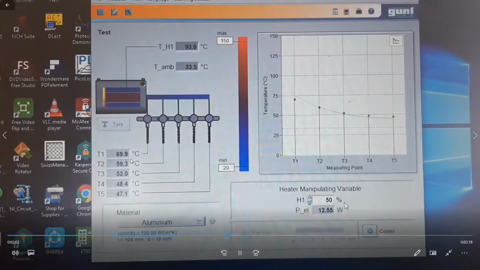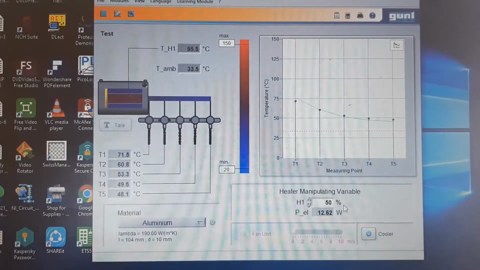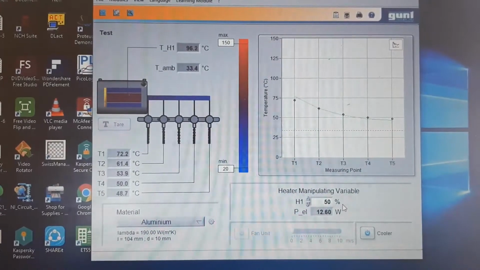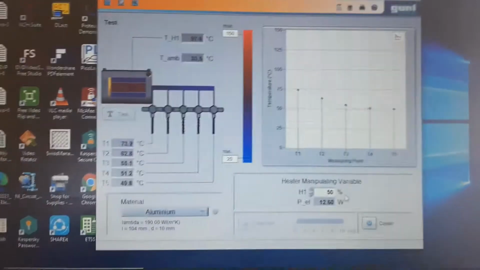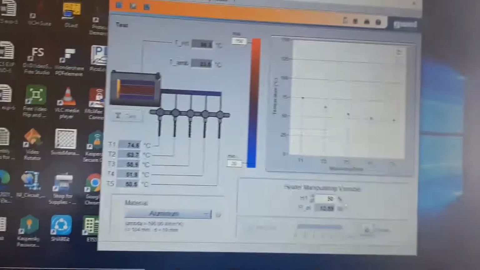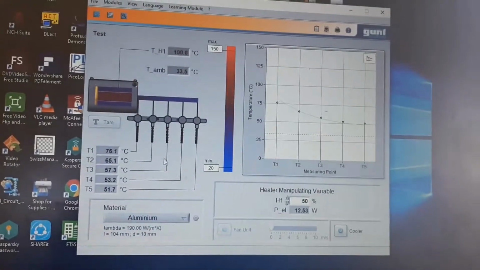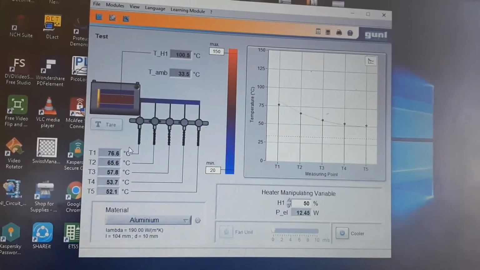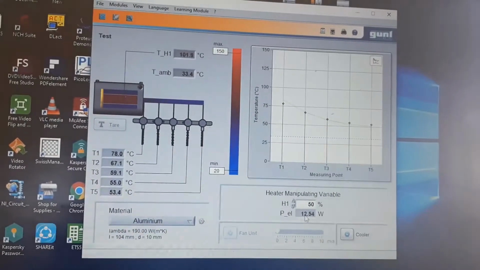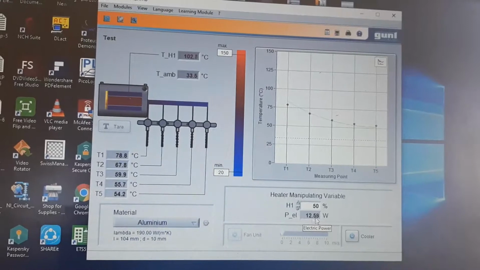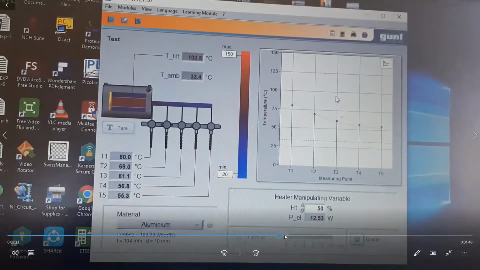We will let T1 become around 100, then we will stop and find out the alpha and everything for that one. Note that when it comes to around 100, we have to take this one, the heat flow rate and everything.